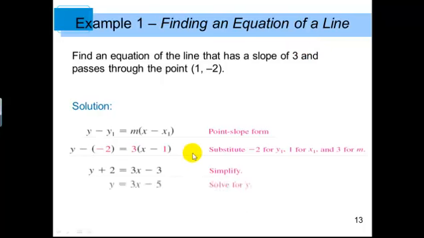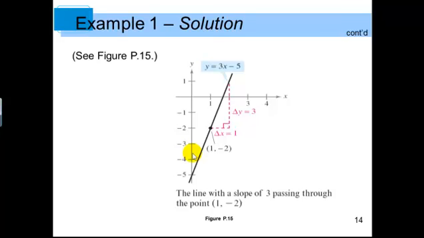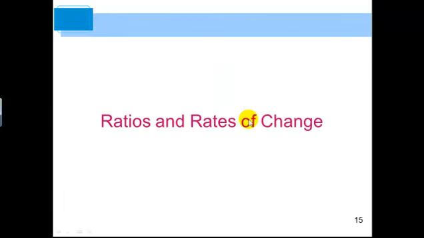You simplify, and then you solve that for y. There's my equation. The slope is 3. The y-intercept is negative 5. Both these numbers have significance. The slope, the coefficient of x, is 3, and the y-intercept is negative 5.